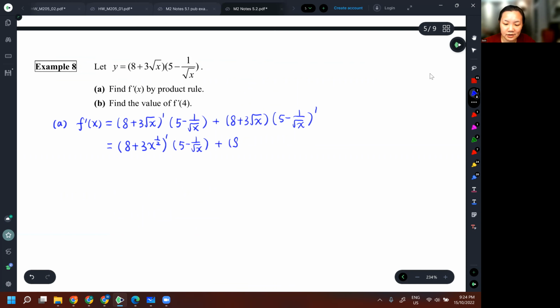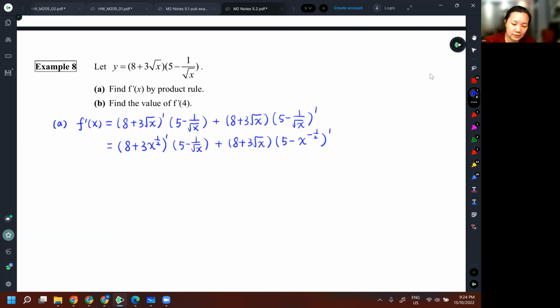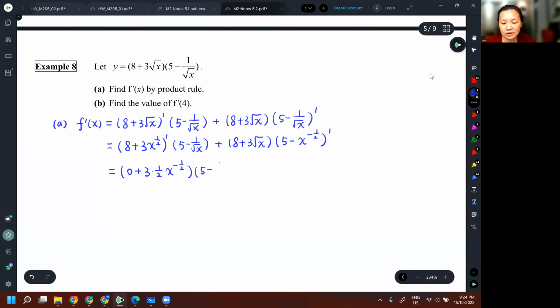This one, copy. And then 5 minus x to the power negative 1 over 2. And then 0 plus 3 times 1 over 2, x to the power negative 1 over 2, times 5 minus root x, plus 0 minus negative 1 over 2, x to the power negative 3 over 2.